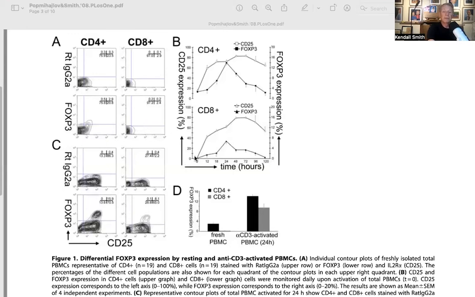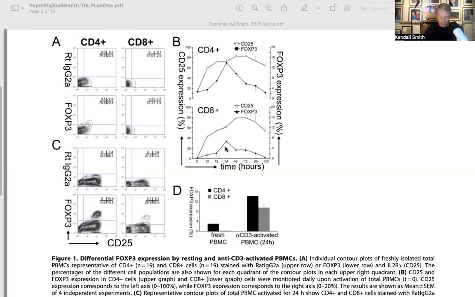The first thing that happens is that within 12 hours you see CD25 positive cells, but FOXP3 is essentially unchanged from time 0. At 24 hours you've got almost maximal CD25 expression, and it isn't until 48 hours that you see peak FOXP3 expression.